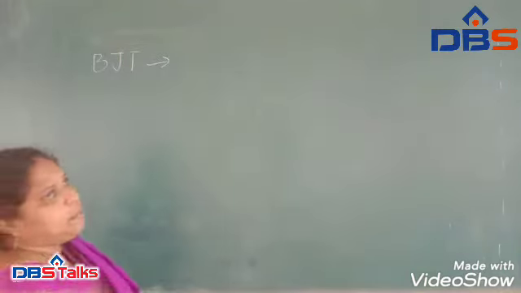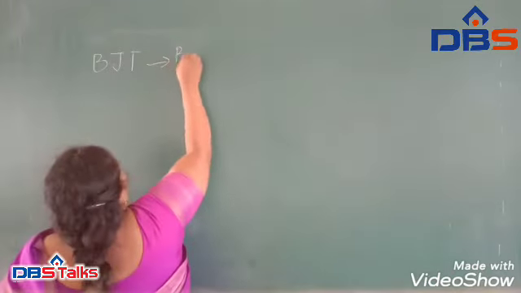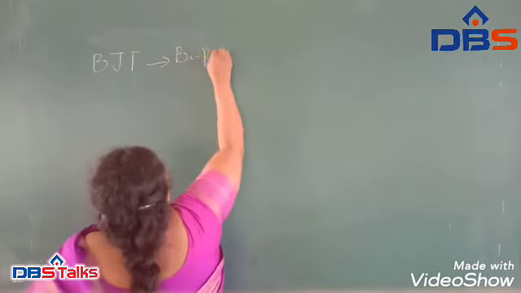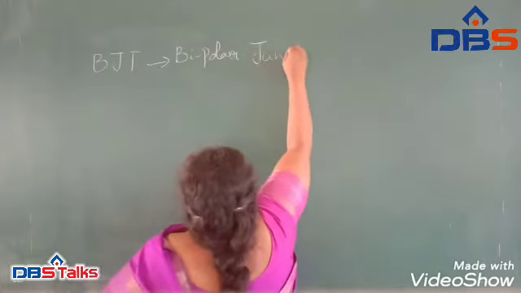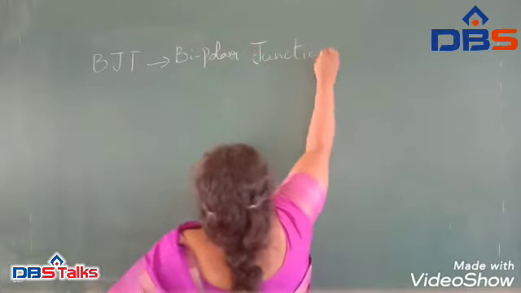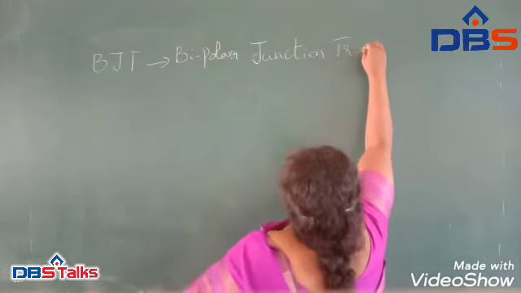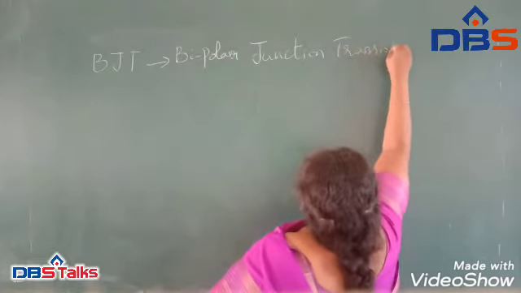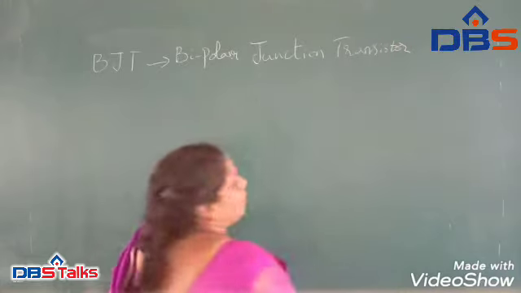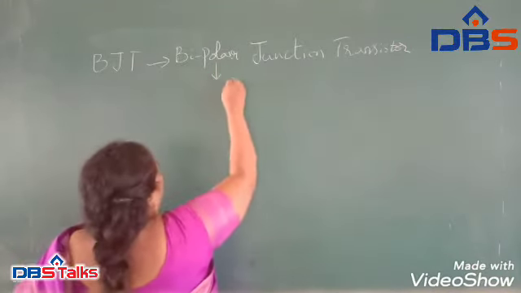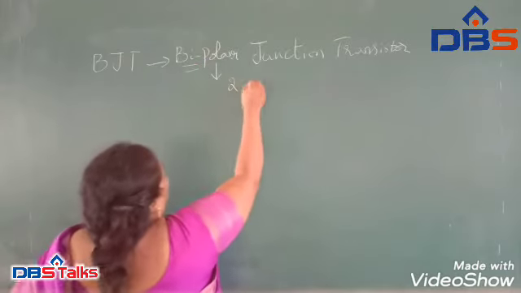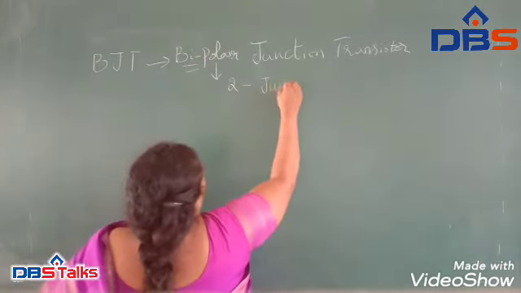So BJT means bipolar junction transistor. Bipolar means two. Bi means two. Two junction transistor.